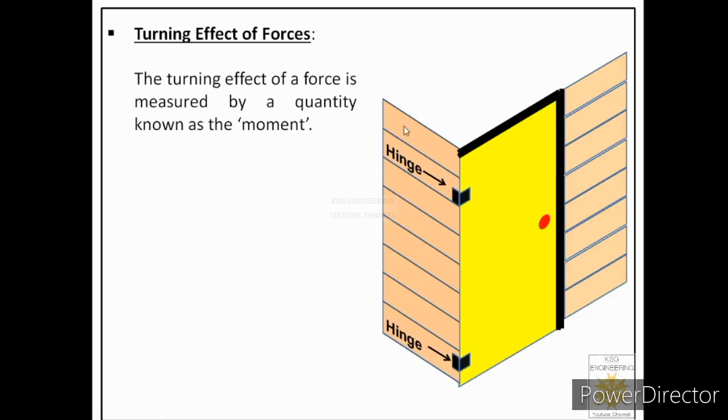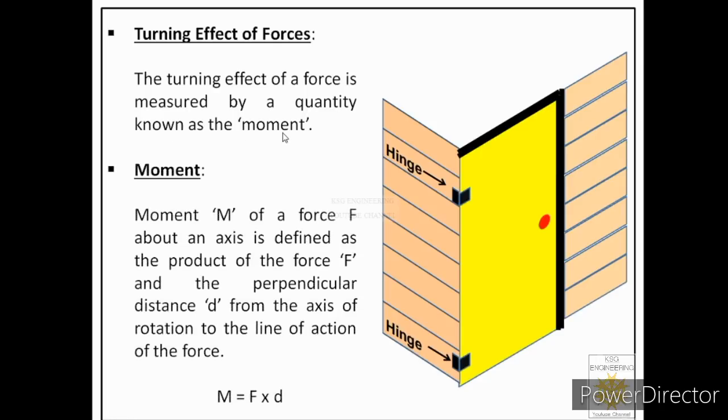So, the turning effect of a force is measured by a quantity known as the moment. So what is moment? Moment M of a force F about an axis is defined as the product of the force F and the perpendicular distance d from the axis of rotation to the line of action of the force.